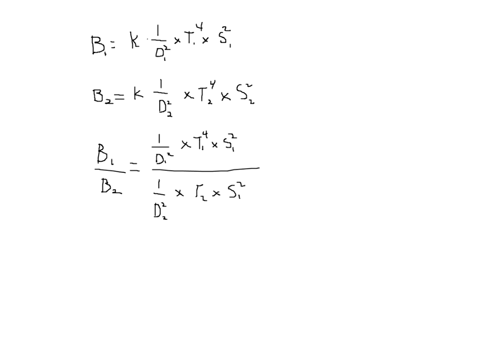Now, if the temperature and the size are the same, these will cancel, right? Because they're the same numbers. And then it just comes down to 1 over d1 divided by 1 over d2.